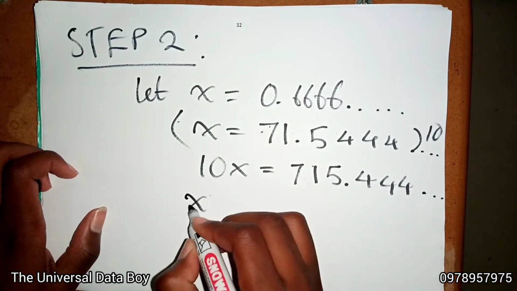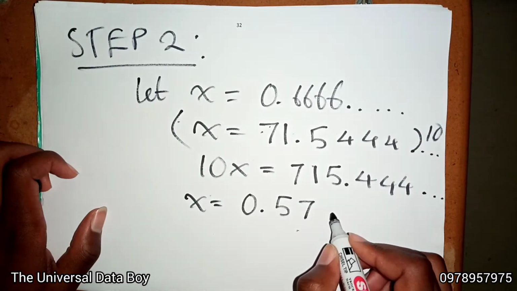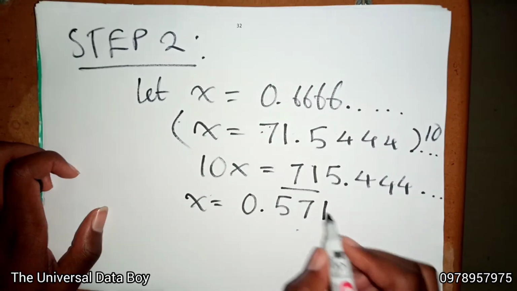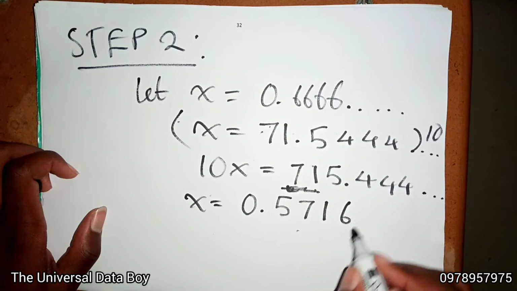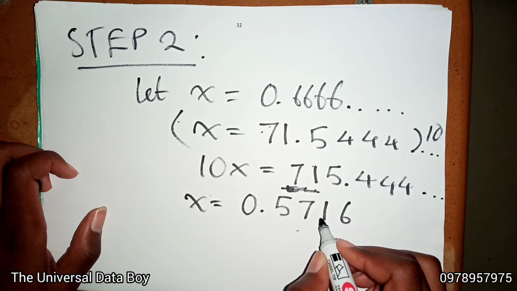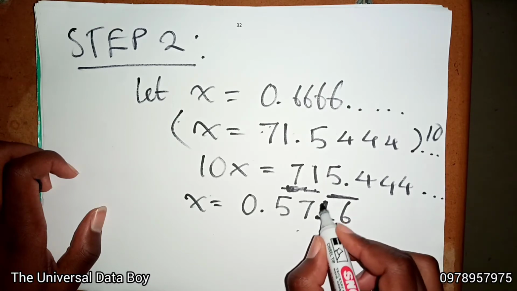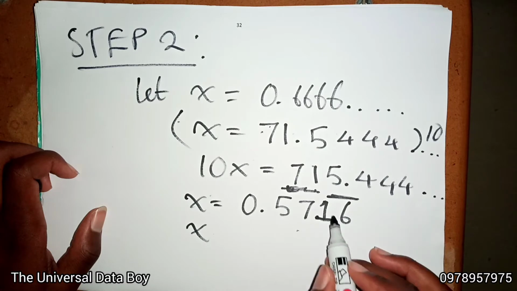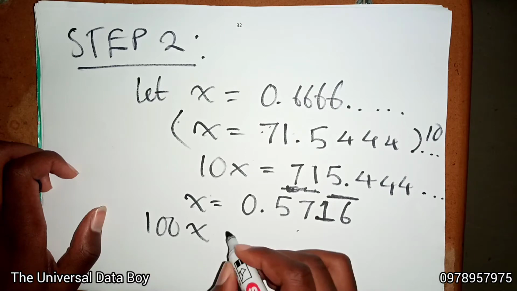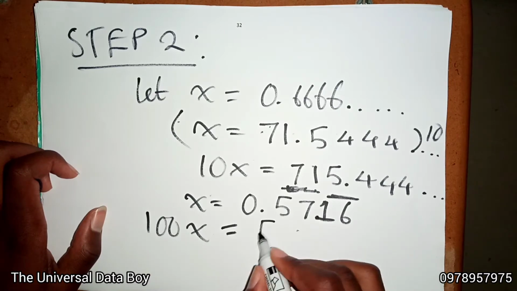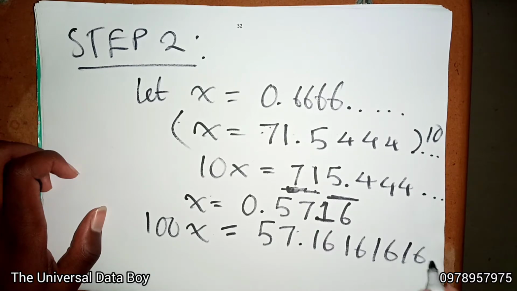If you let your x equal, let's say, 0.5716, and then you have your 16 repeating, then since the 16 is the one repeating, you're going to multiply your x, in fact the entire equation, by 100, so you can have 57.161616 repeating, like that.